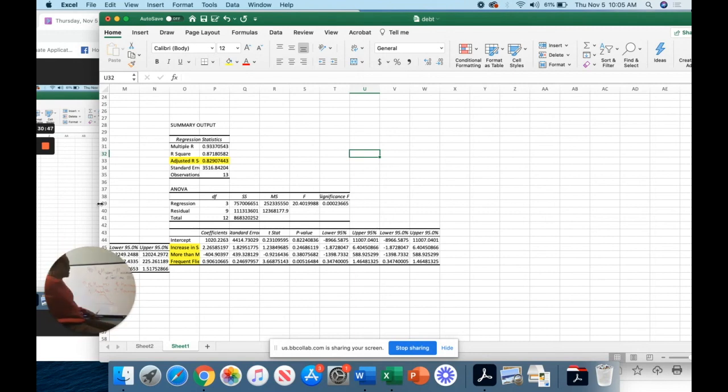Actually, when you find the T cutoff, that's going to be the same cutoff for all of these. So you have your T table. Everybody write down what you think is going to be the cutoff in this problem. And let's keep using alpha equals 0.05.